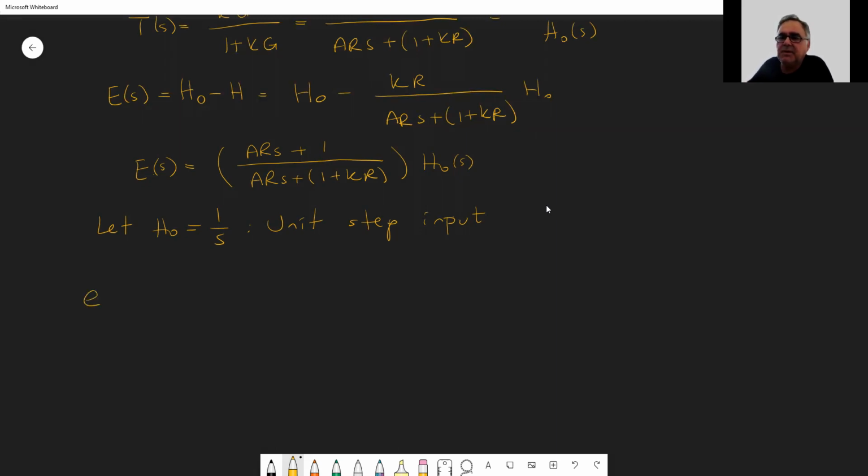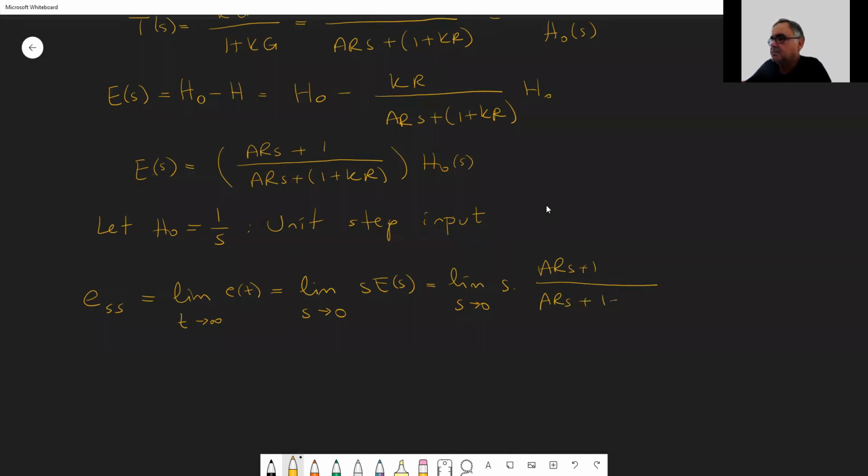Now let's use the final value theorem. The steady state error is equal to the limit as t goes to infinity of e(t), which equals the limit as s goes to 0 of s E(s), which is the limit as s goes to 0 of s times the error, which is this, ARs plus 1 divided by the denominator, times 1 over s.